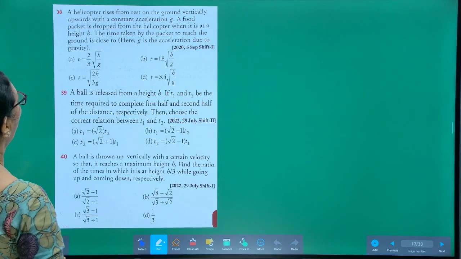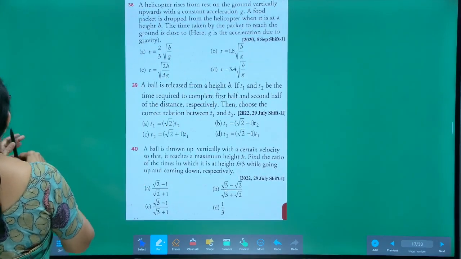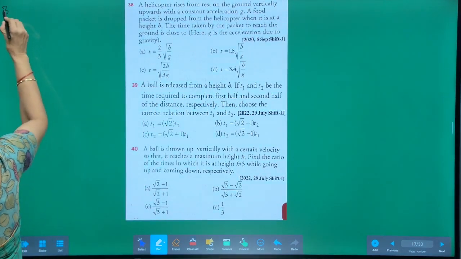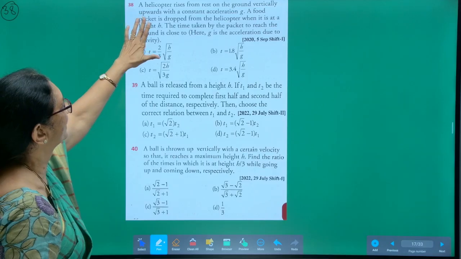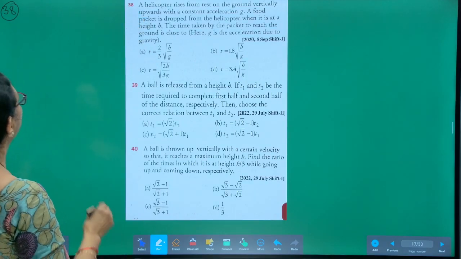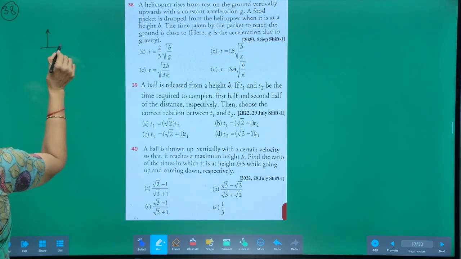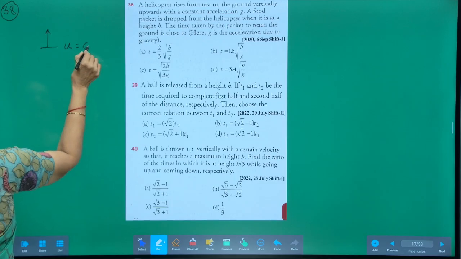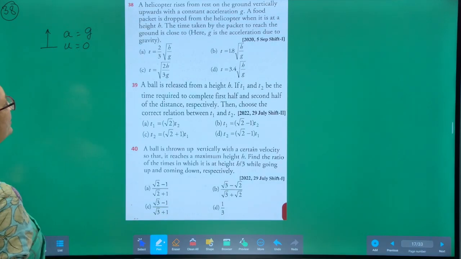Look here. A helicopter, read the problem carefully. A helicopter rises from rest on the ground vertically up, starting from rest with uniform acceleration equal to g.